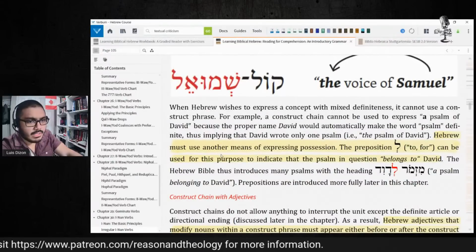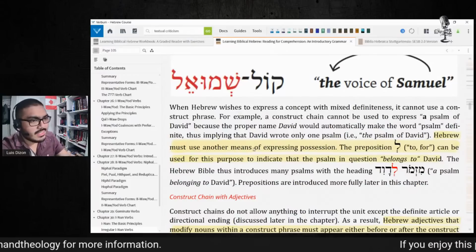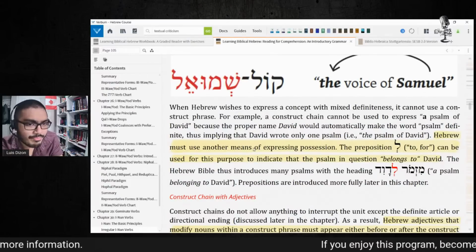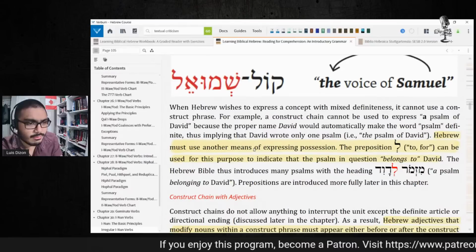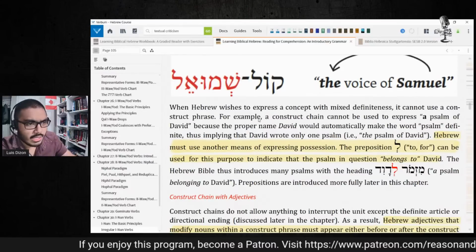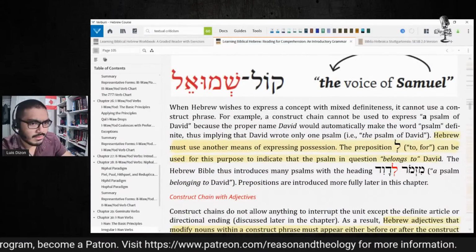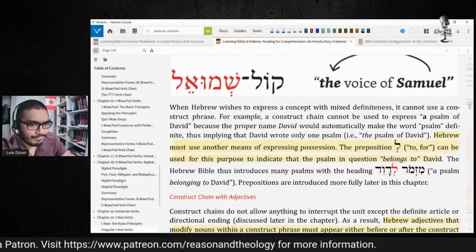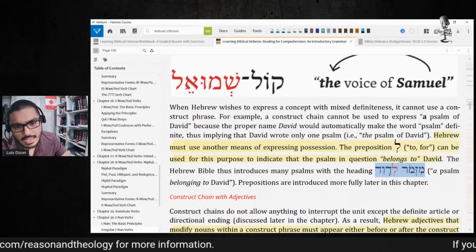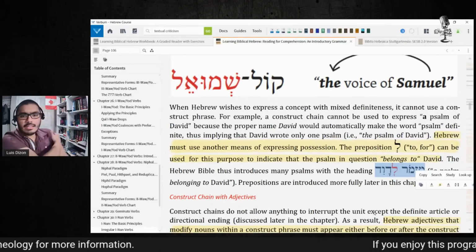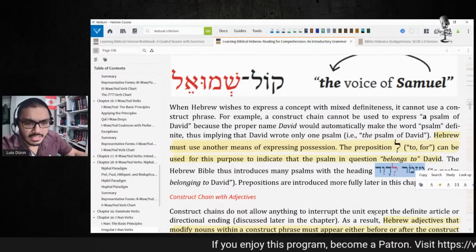Because of this, if you wanted to express that a definite person possesses a certain one of something, you have to use a form other than a construct form. The most common example is the phrase found at the beginning of most Psalms, a Psalm of David.